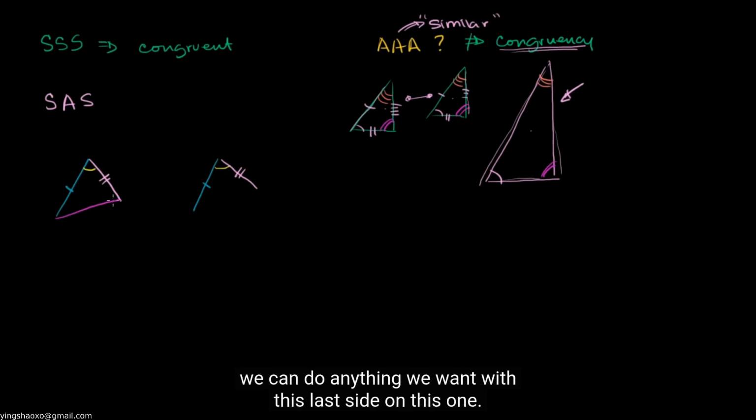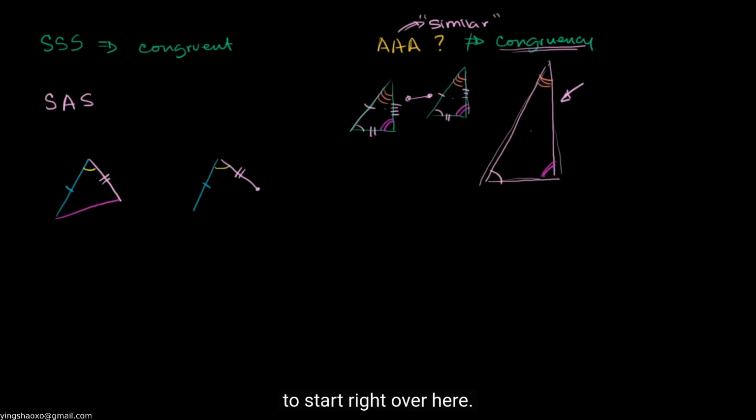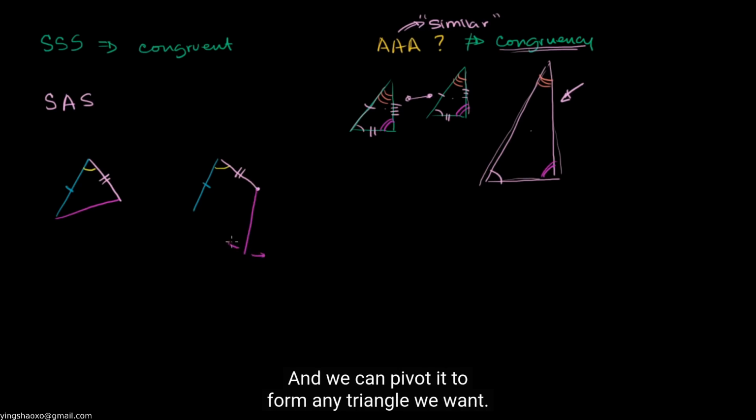We can do anything we want with this last side. It's going to have to start right over here. You could start from this point, and we can pivot it to form any triangle we want. But the only way we can form a triangle is if we bring this side all the way over here and close it right over there.